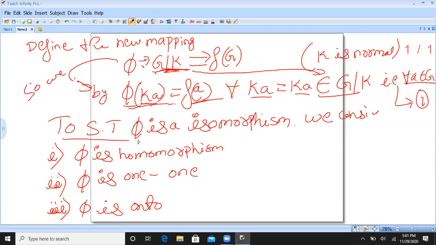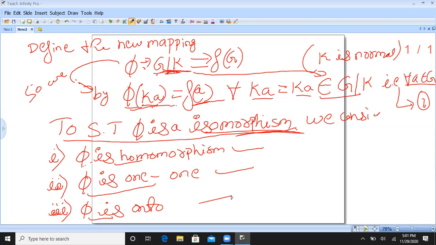Therefore, to show that phi is an isomorphism, we have to prove that phi is a homomorphism, phi is 1 to 1, and phi is onto.